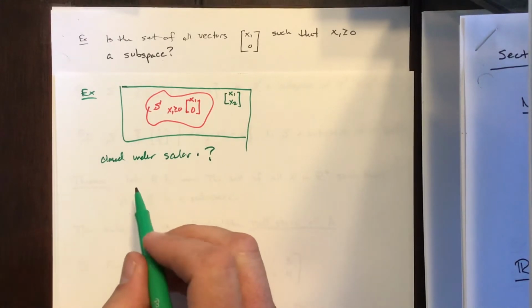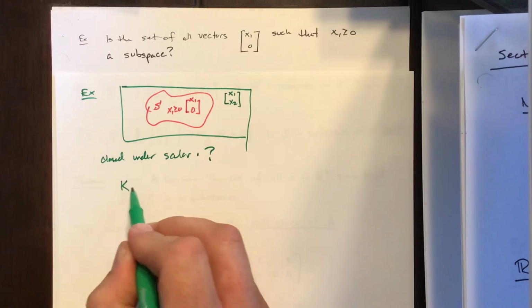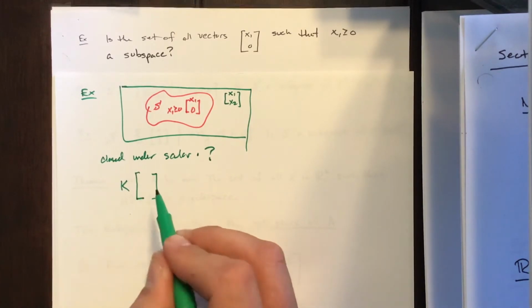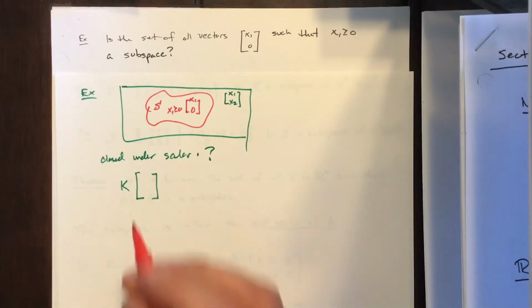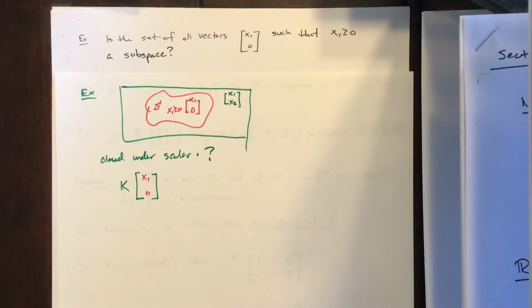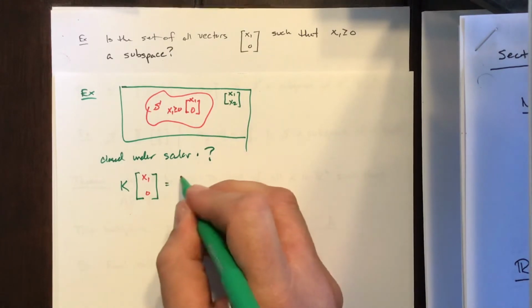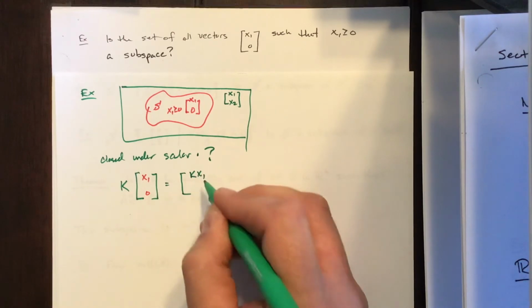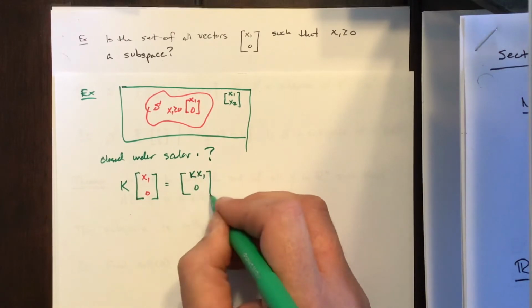If it's closed under scalar multiplication, we would be able to multiply any element in the set by a scalar k and land in the set. So x1, 0. What does that equal? That is equal to k x1 and 0.